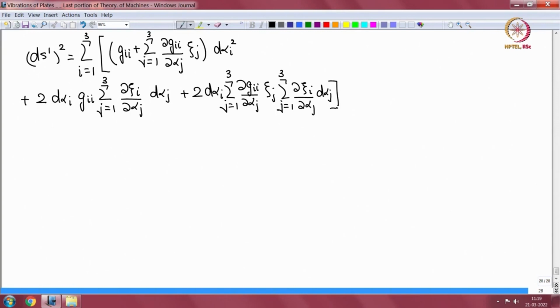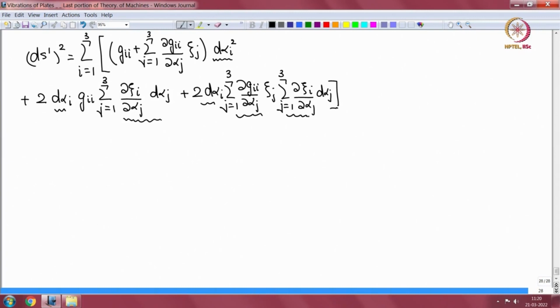Okay. Now this has two differentials. This has a differential here and a differential here, and this has a differential here, a differential here, and a differential here. Okay.